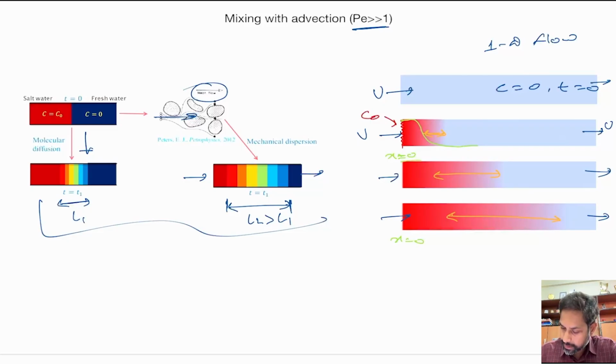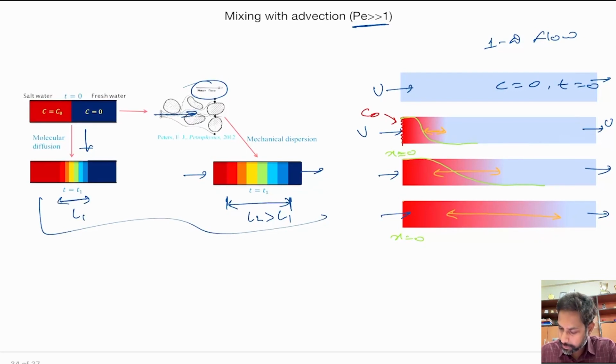And here this will look something, right? It will be a little broadened than how it was before, and in case 3 it will be broadened something like this. So it will have a much larger mix zone than the previous two cases, right?